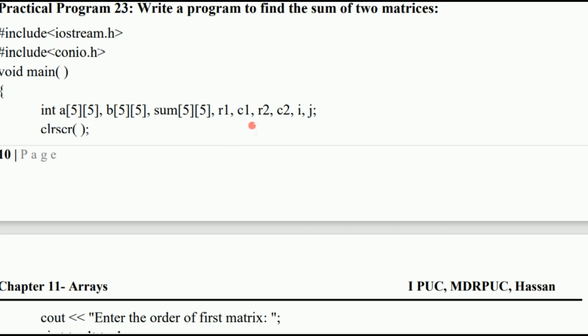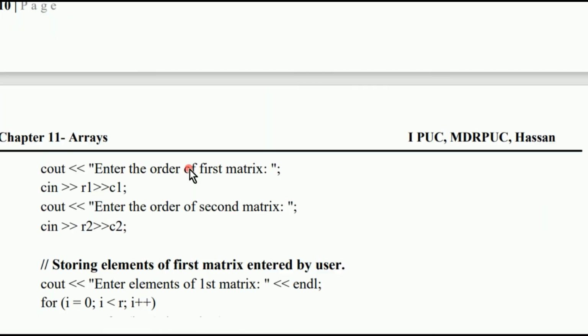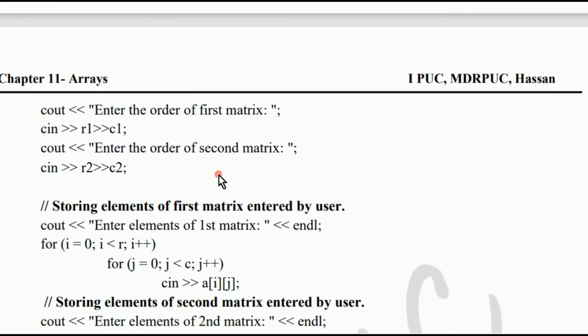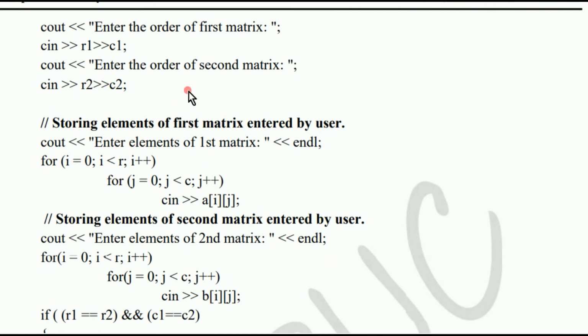So for the first matrix we have taken R1, C1 and for the second matrix R2, C2. Then I, j. You can see, enter the order of first matrix, R1, C1. Enter the order of second matrix, that is R2, C2.